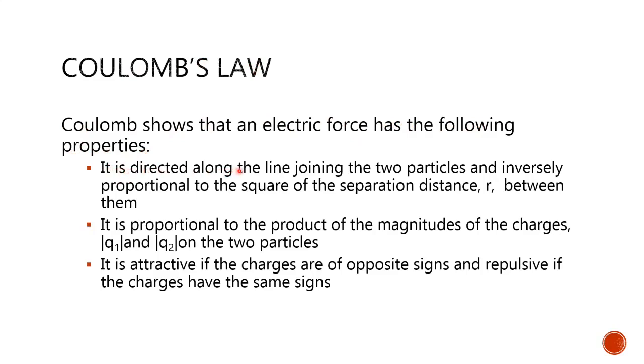It is directed along the line joining the two particles, if you're talking about a force between two particles, and inversely proportional to the square of the separation distance between them. It is proportional to the product of the magnitudes of the charges Q1 and Q2 on the two particles, and it is attractive if the charges are of opposite signs and repulsive if the charges have the same signs.